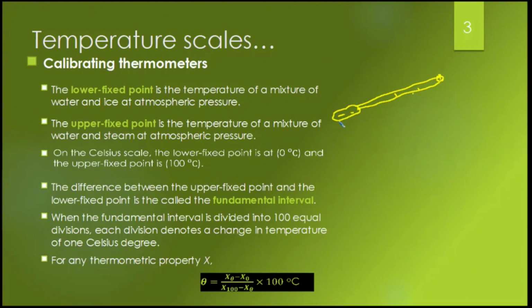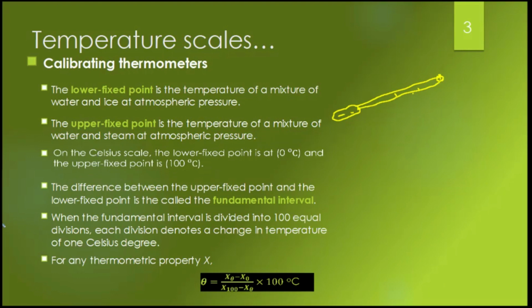One way of calibrating thermometers is by using what we call fixed points. One of those fixed points is the lower fixed point, which is the temperature of a mixture of water and ice at atmospheric pressure. And we also have an upper fixed point, which is the temperature of a mixture of water and steam at atmospheric pressure.